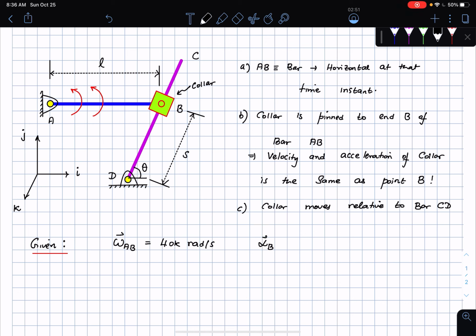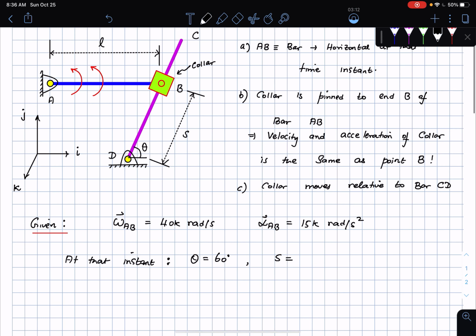Alpha AB is also counterclockwise, 15 K radians per second squared at that instant. The angle theta is 60 degrees. The distance S between the collar and the point D is 1.07 meters. And the length L is 1.2 meters.